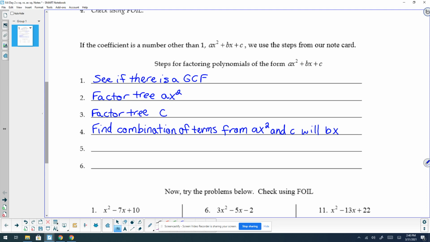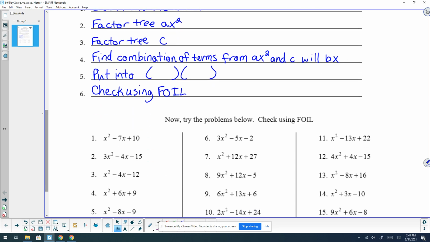Then we'll put it into our double parenthesis form, and then we will check using FOIL: first, outer, inner, last. Double distribution is really what we're doing there. Remember that during step 4 is when we'll also figure out the signs for our numbers we're going to use.